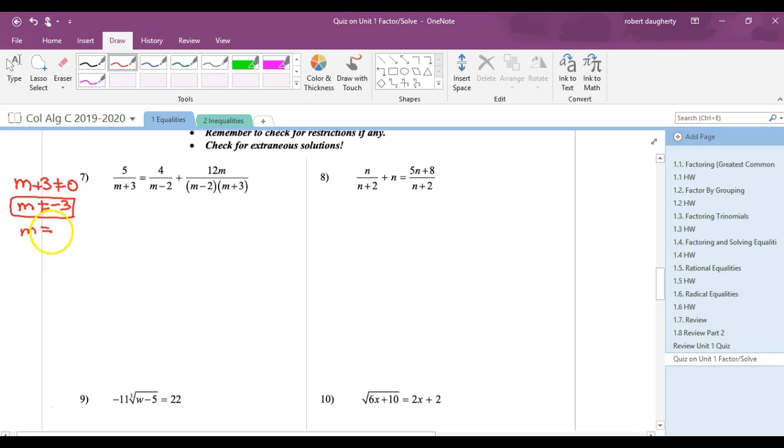Likewise, m can never be 2. These are my restrictions. Now I have to multiply everything you see by m minus 2, m plus 3. So I'm going to write it out so I don't make mistakes.